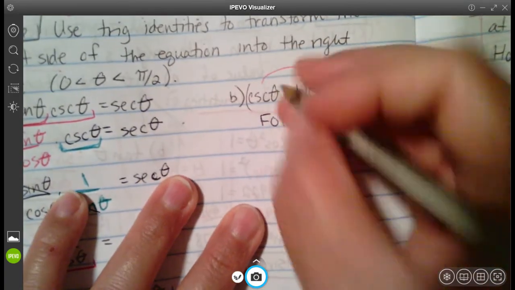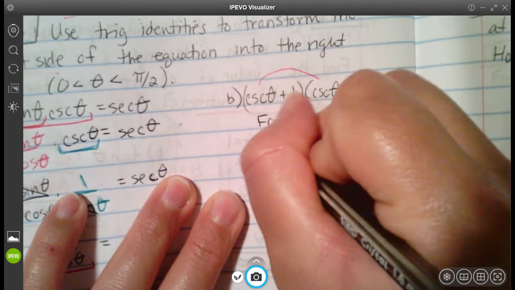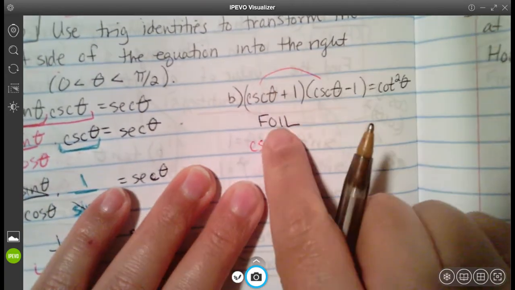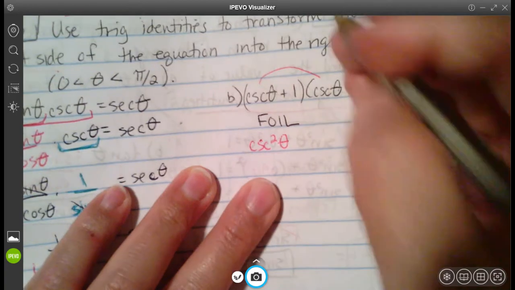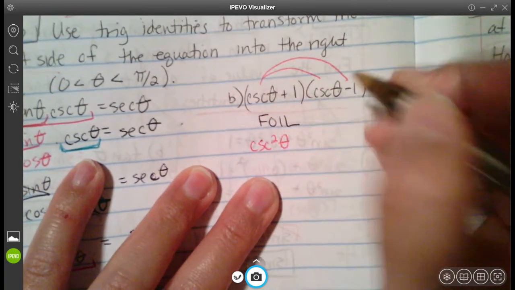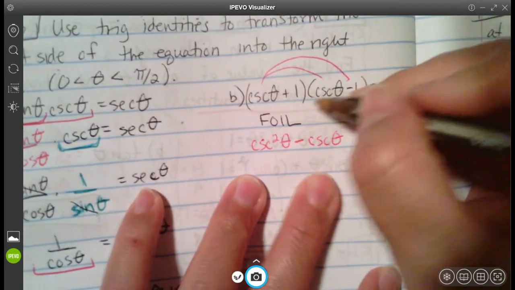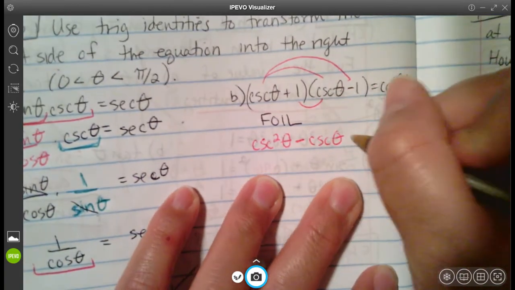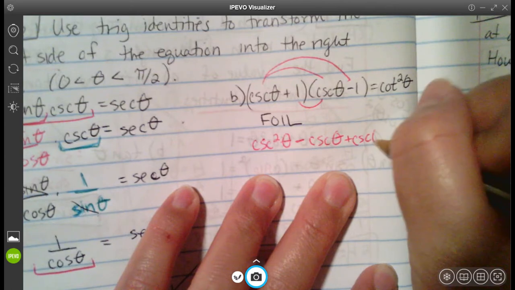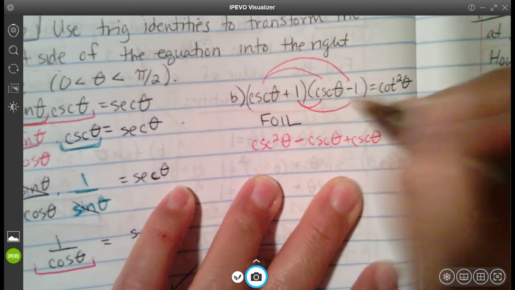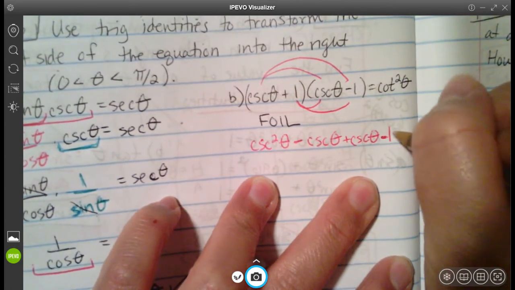Cosecant times cosecant is cosecant squared. Remember that we put the square in the middle. It's just the way it's written. Cosecant times minus 1 is minus cosecant theta. 1 times cosecant is plus cosecant theta. And then 1 times negative 1 is minus 1.